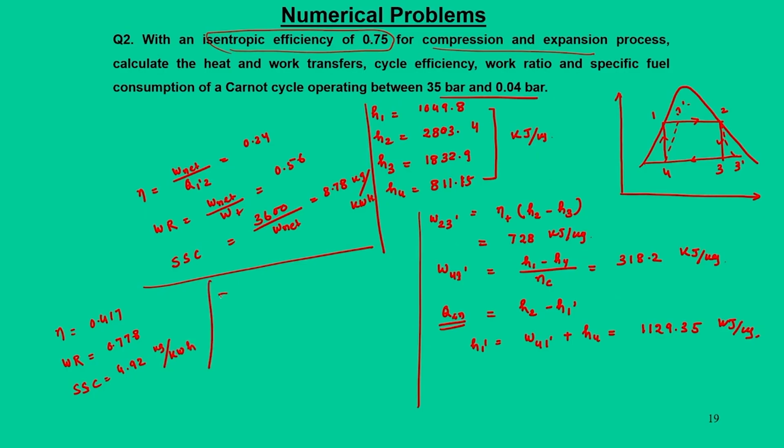So, this implies process inefficiency has effects: a drop in cycle efficiency, a drop in work ratio and an increase in specific steam consumption. Ideally, we should keep this process inefficiency, or irreversibility, as minimal as possible.